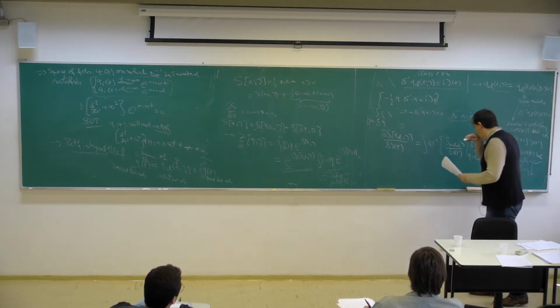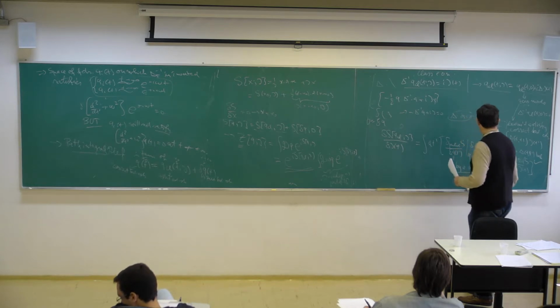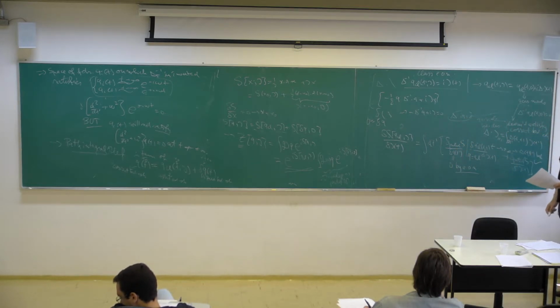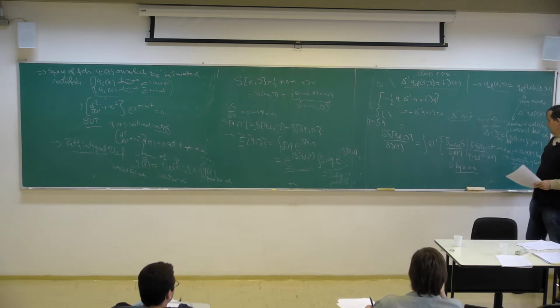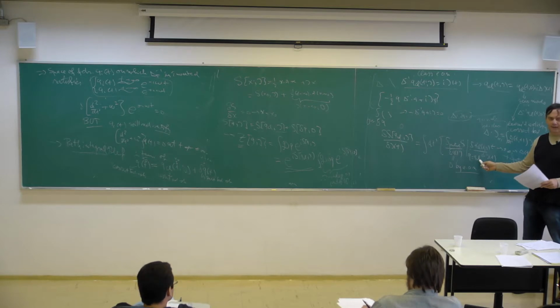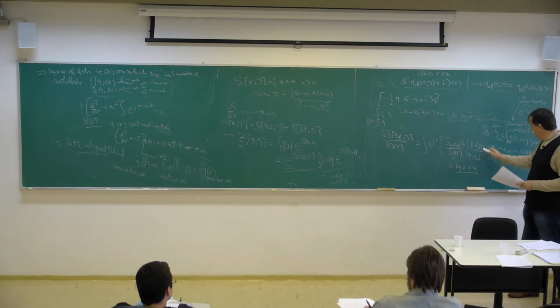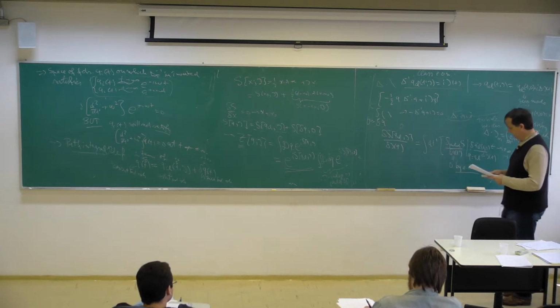However, this is just 0 by the equation of motion, because at the end I put q equal to q classical. I have to in order to take this second term. So in effect, I have only this second variation.